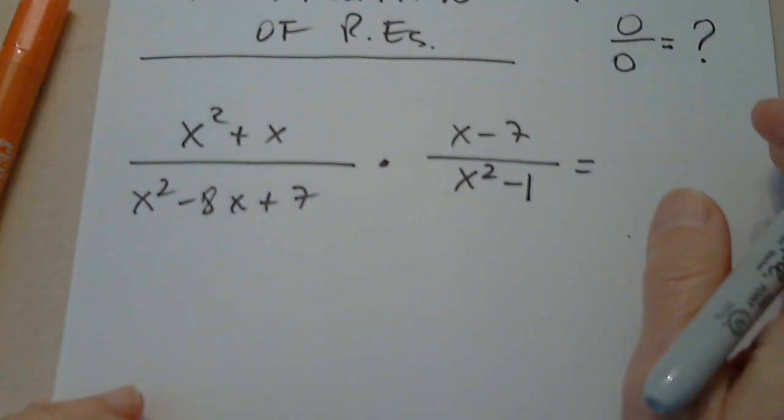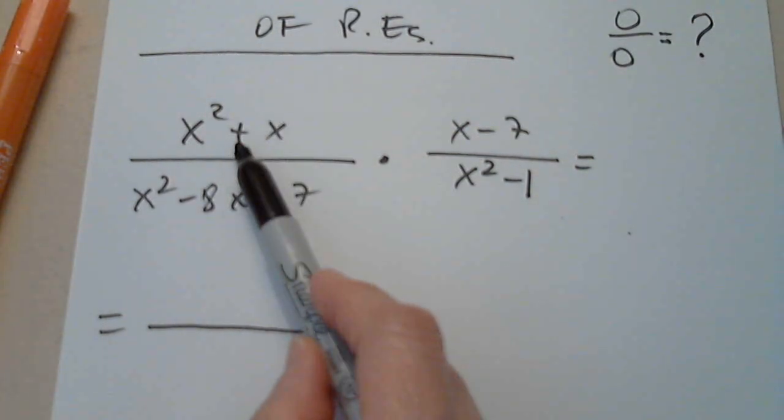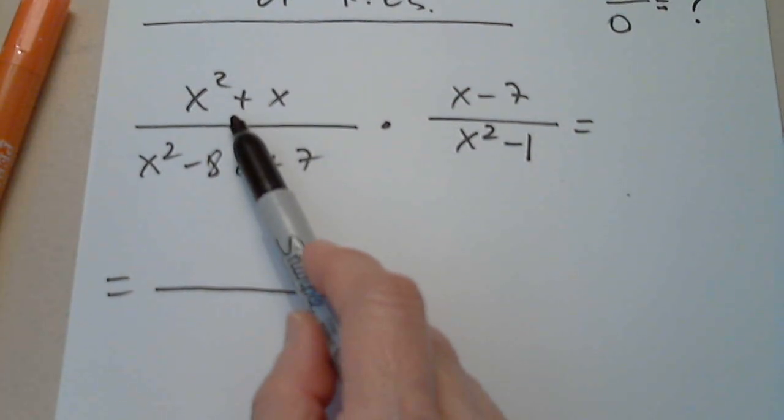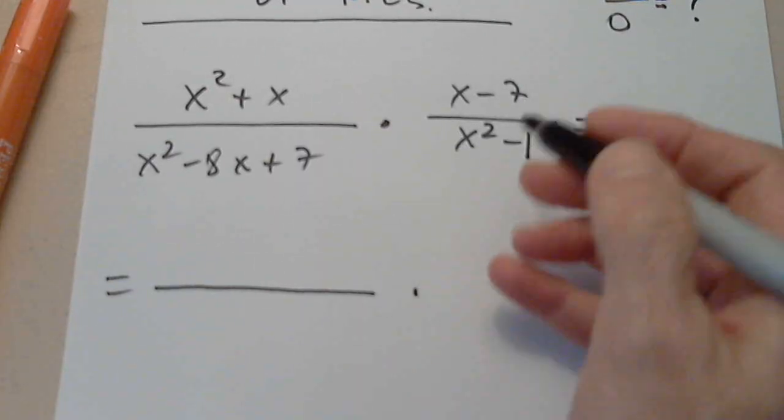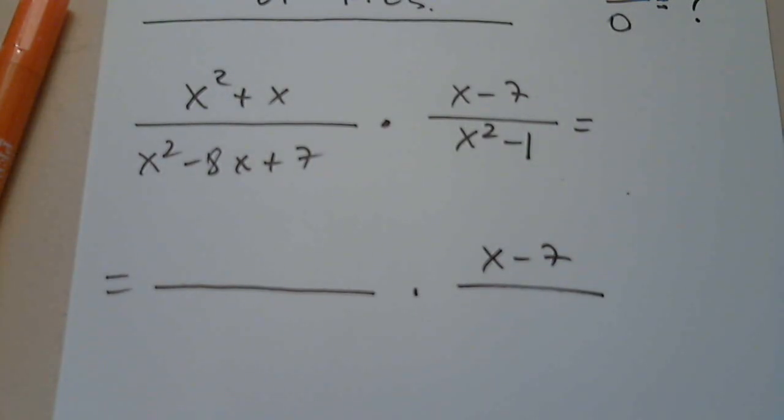So we have to start slowly with the numerator. How do you factor x squared plus x? Now, x minus 7, we cannot touch because it is what it is. It's a linear factor. It's done.